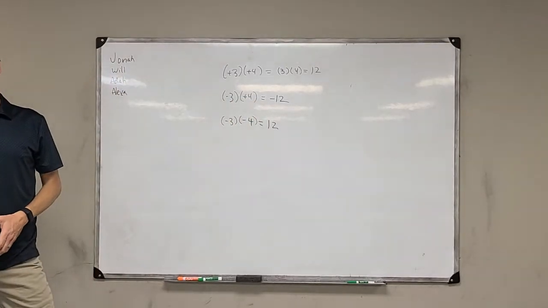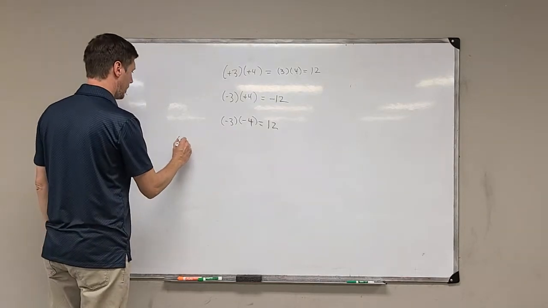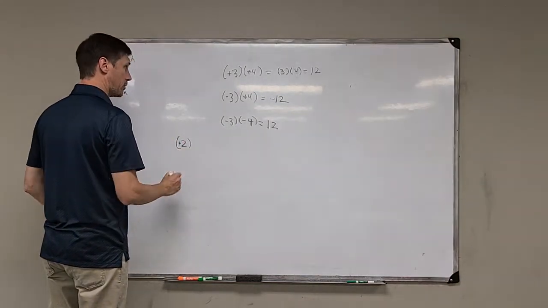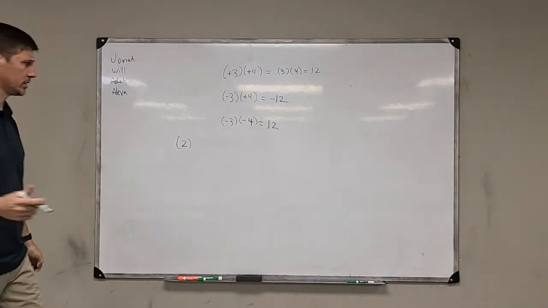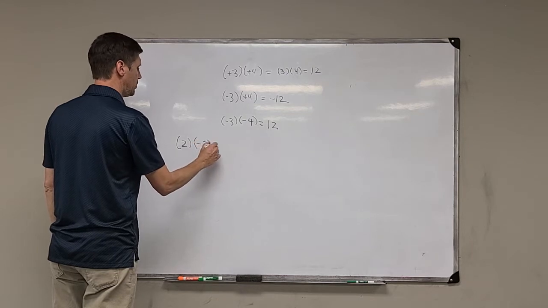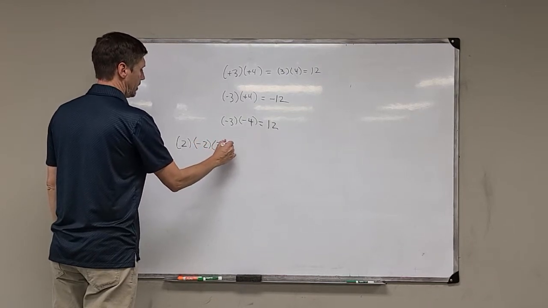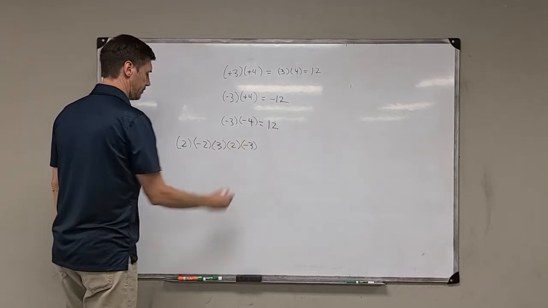All right? And so if we were to chain these together, if I had positive 2, and of course we don't have to write the positive. If there's no sign there, a positive is understood, right? So if we have 2 times negative 2 times 3 times 2 times negative 3.